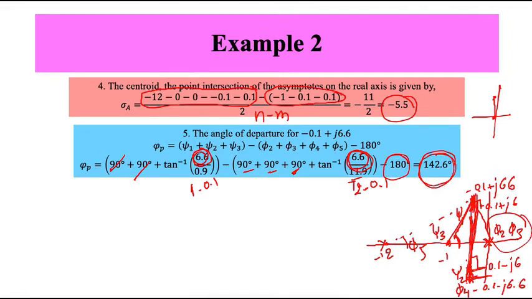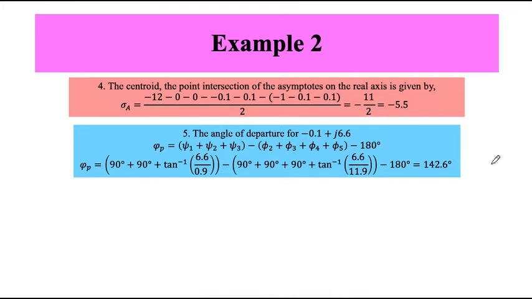Now I know that from here I am going in this direction. Similarly, I will erase this now, since you have calculated the angle for the pole, you can calculate the angle of arrival for your zero with respect to this and other components.